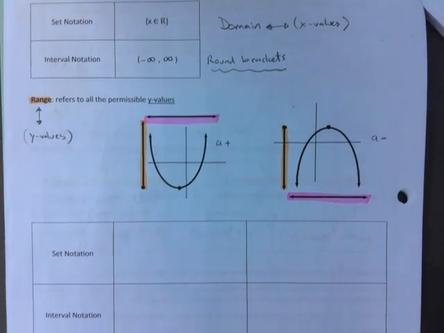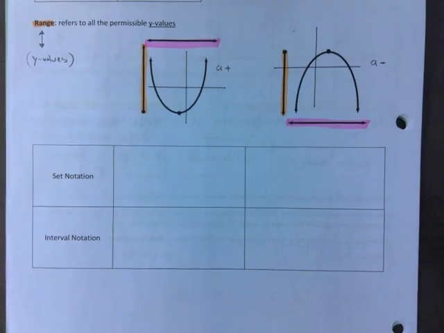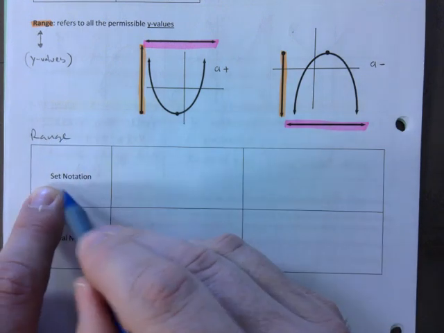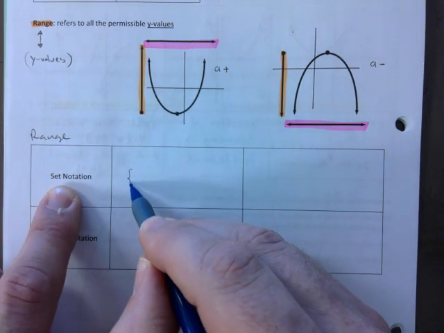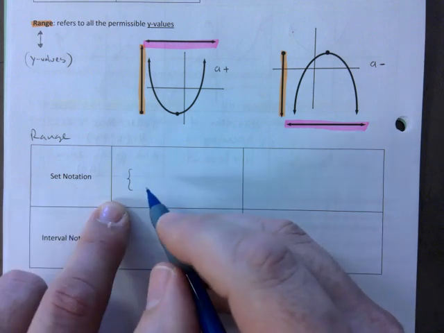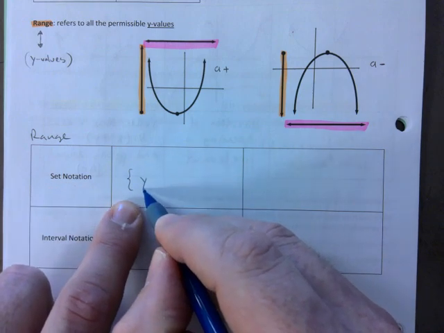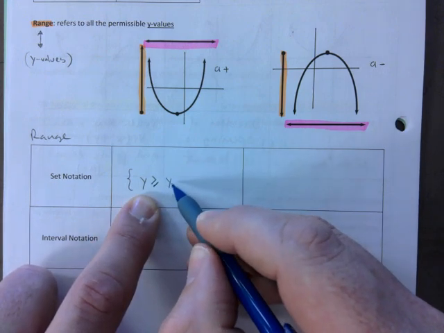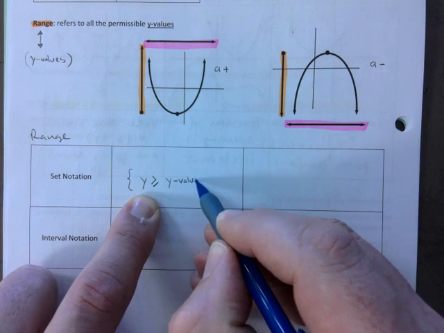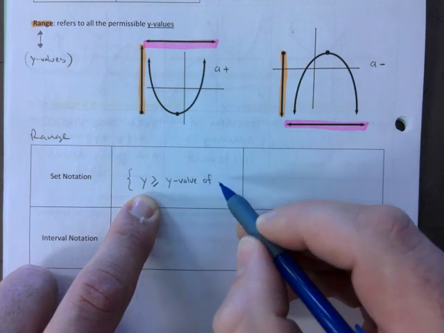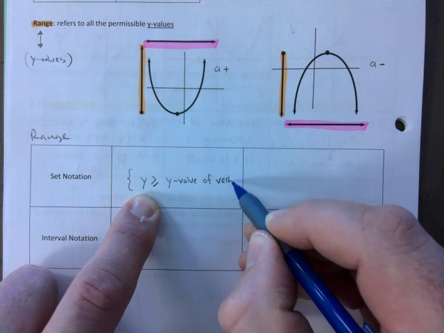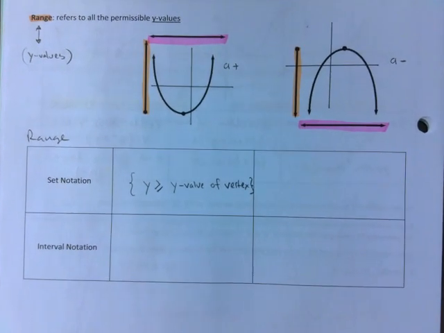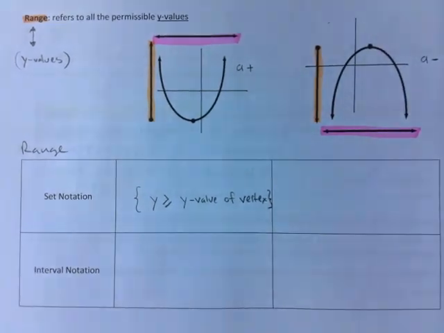But for range, it's a little different. So this is range, just so you know. For set notation, I would write it like this. Y has to be greater than or equal to whatever the y value of the vertex is. I hope you can read that. I want the graphs on there. Okay.